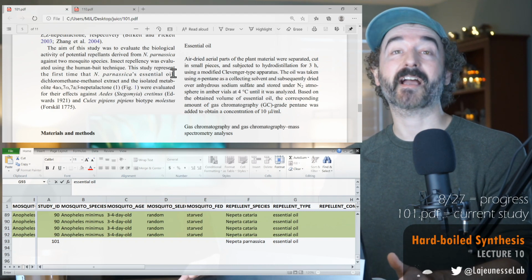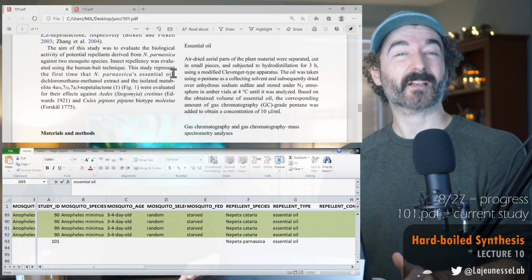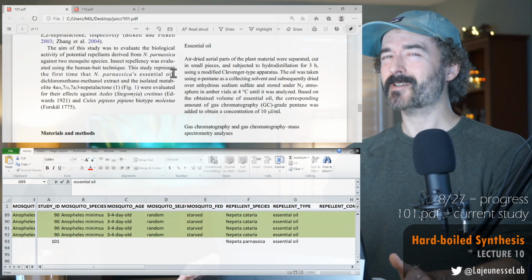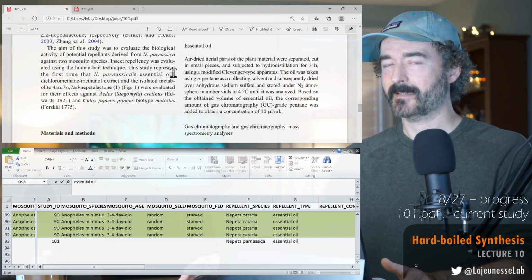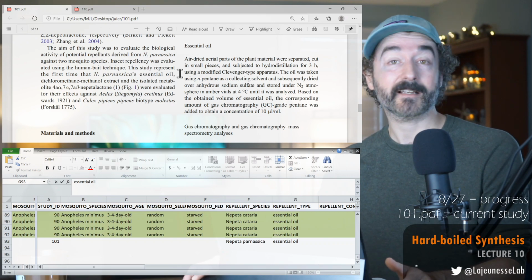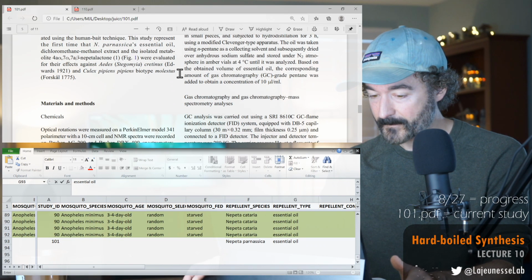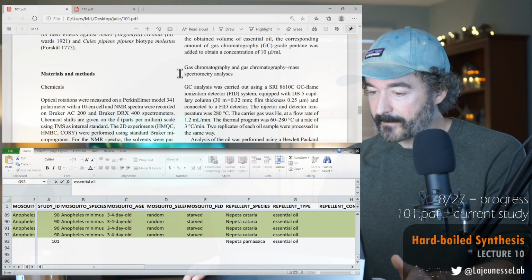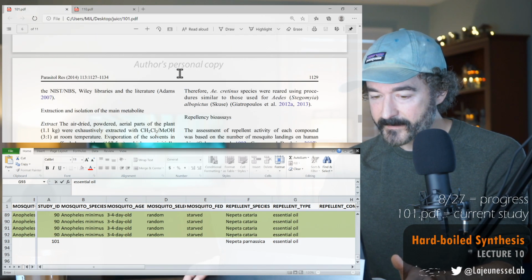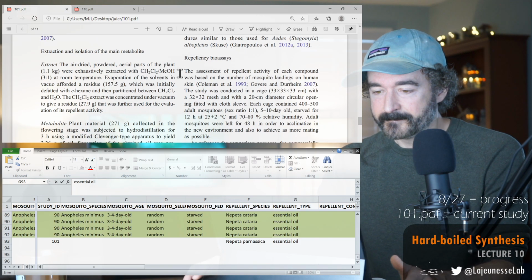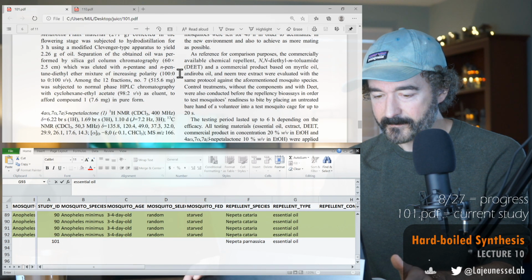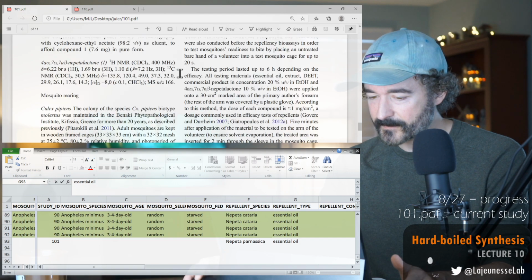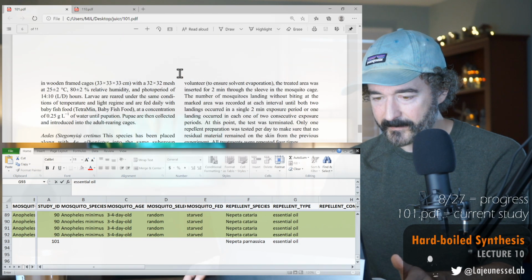You're not buying the essential oil, which I think was a problem with other studies, where you don't really know what species they've extracted the oil from. It's just catnip, and it could be any number of species. Gas chromatography, that's extraction stuff. Extract the metabolites. Let's just go to the experiment part.